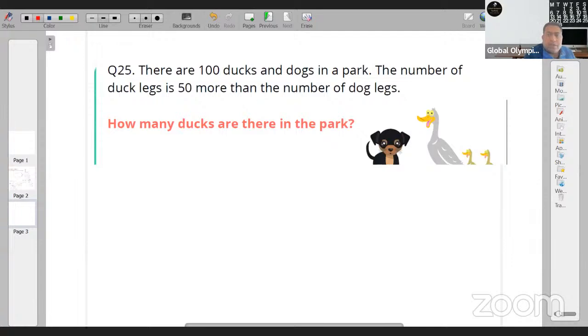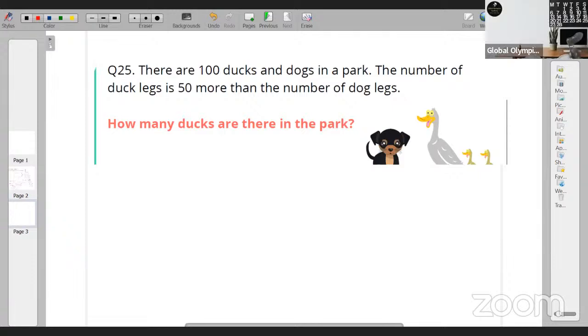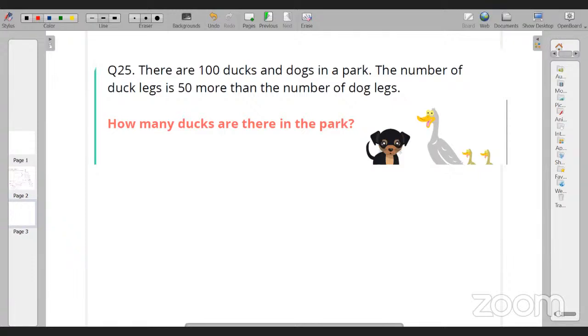What happened, Tejas and Pranshu? Pranshu, video on. So my Zoom video is not working. My camera is working, I checked, but in Zoom it's not working. Okay, no problem.